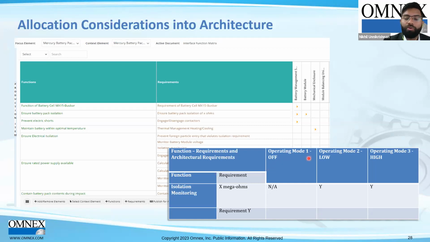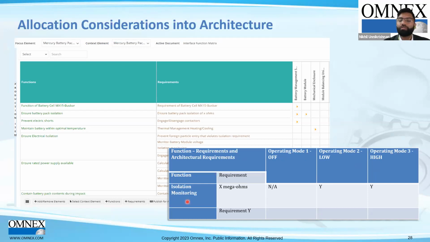So in the operating mode 1, I'm not going to be checking for that. But if I'm going to operating mode 2, or for example, if it's an off condition, I'm not checking for isolation monitoring. The moment I'm going into a low energy function or a high energy function, that's when I'm going to be checking how my isolation monitoring is going to perform.